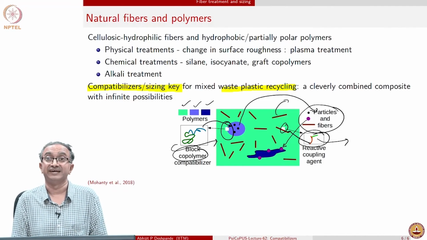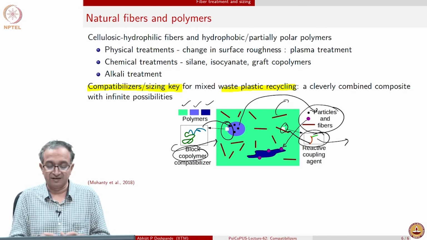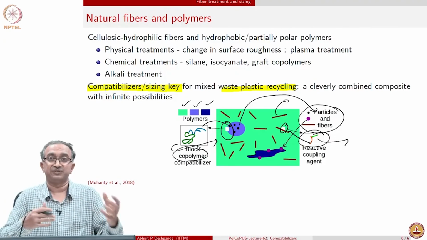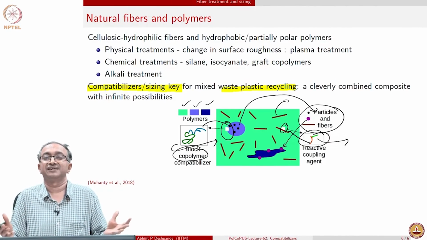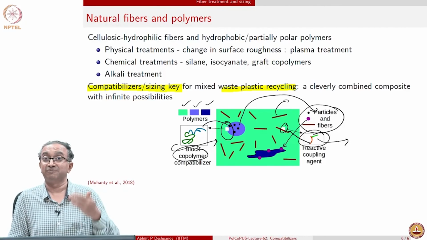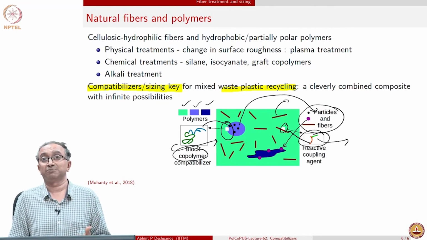If we have these, it's like going to a supermarket or a large store and collecting all these different things, putting them together and then getting a performance. And so, can this be done? If we can do this effectively, predictably on a large scale, then it will be easy for us to recycle mixed waste plastic.